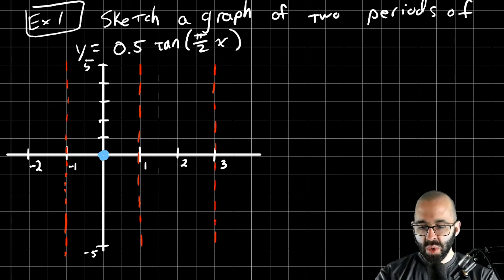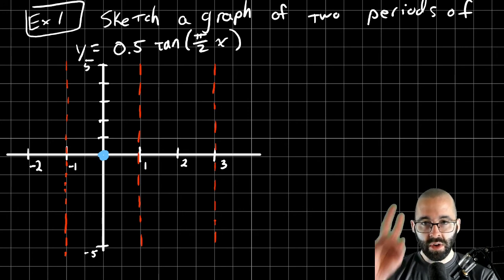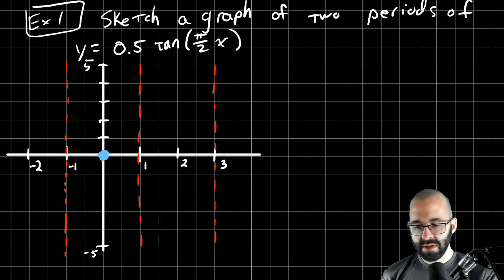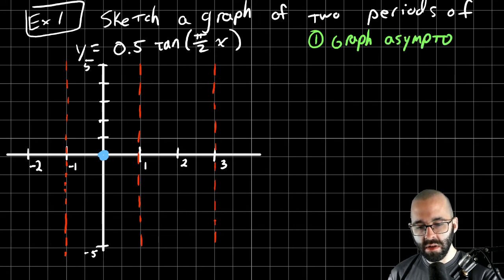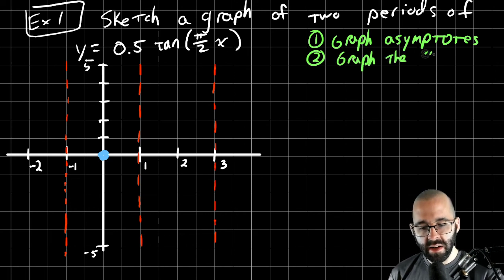And now the other point that we always need to graph. Let's list those. Graph the asymptotes. Graph the middle, kind of the 0, the center.